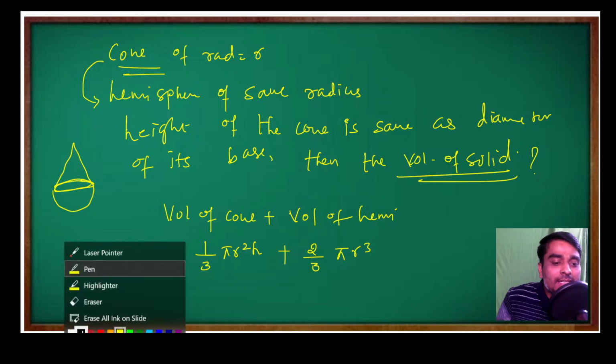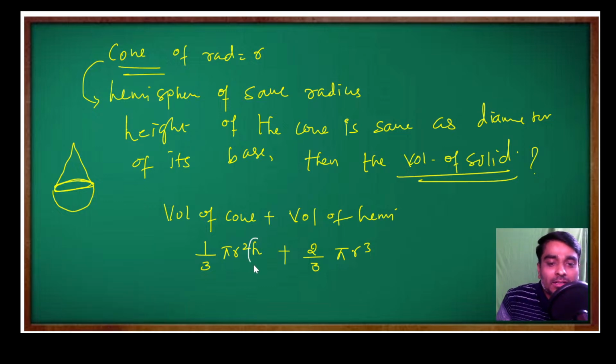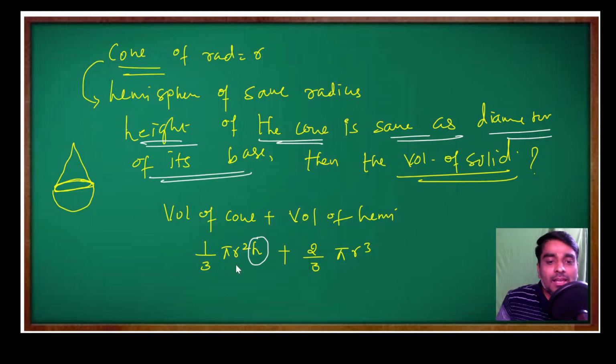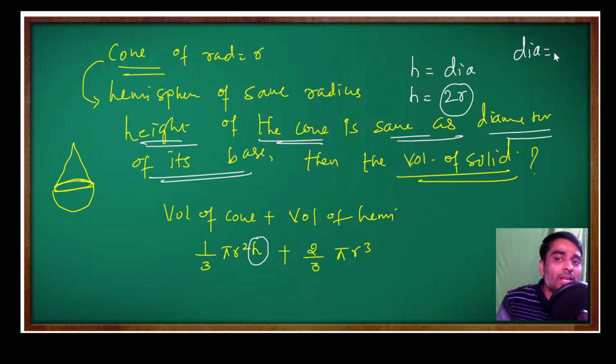Now the twist is here. Height they have given, and they said the height of the cone is the same as the diameter of its base. Height is equal to diameter. That means height is equal to 2 into r. Why 2 into r? Diameter means what? 2 times radius. Therefore I will put here 1 by 3 pi r square 2r, plus 2 by 3 pi r cube. Now look at this.